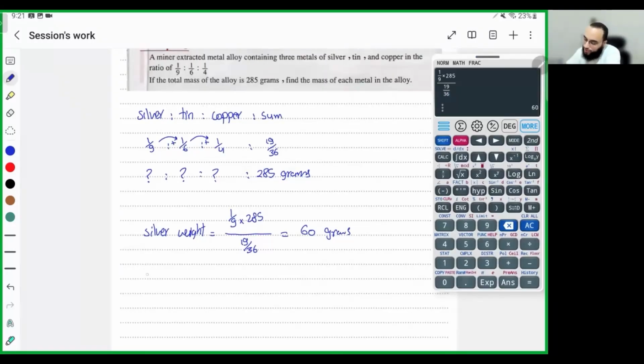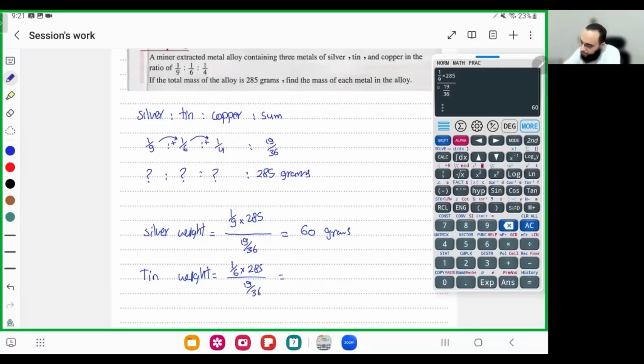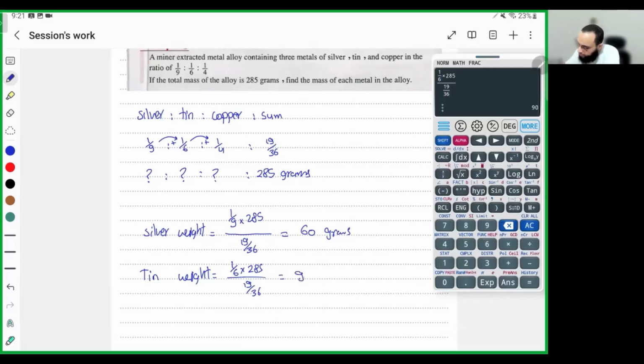If we want the tin weight, it's 1/6 times 285 over 19/36. The same, only I change the 9 into 6. It's 90 grams. The third, we can get it by subtracting these two from the 285.